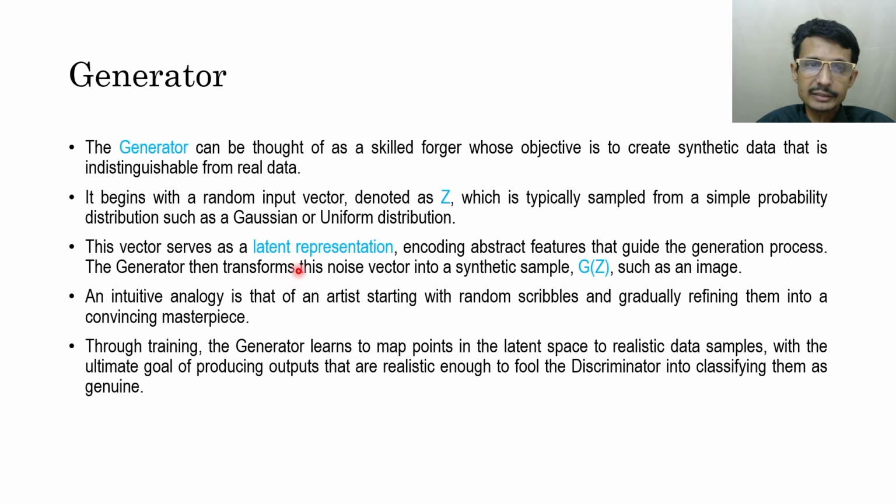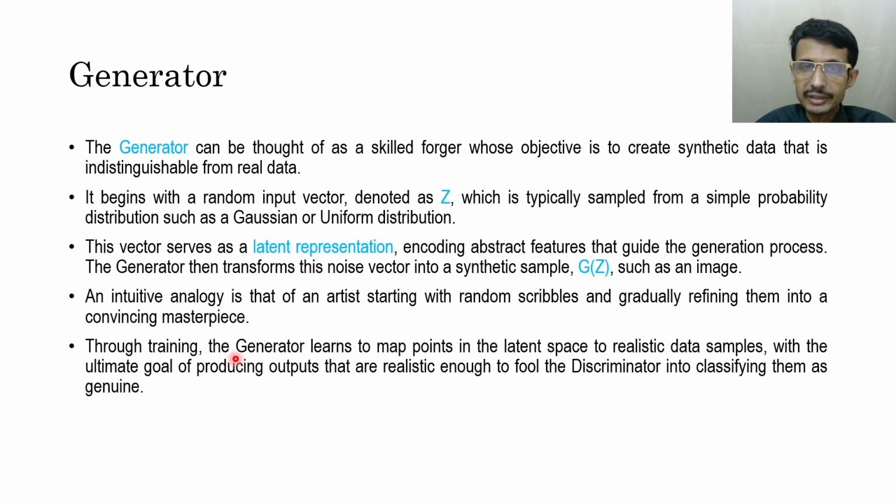The generator then transforms this noise vector into a synthetic sample, such as an image. An intuitive analogy is an artist starting with a random scribble and gradually refining it.